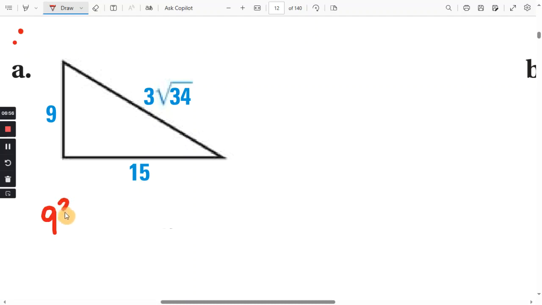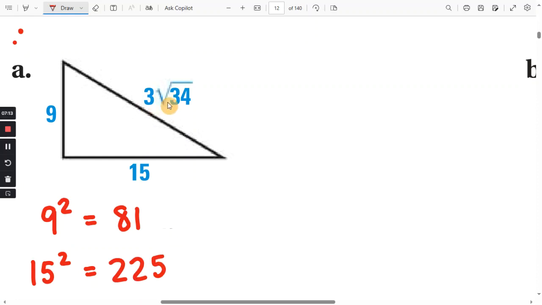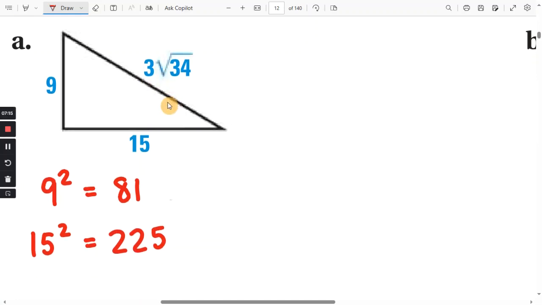Okay, so I'm going to start with 9 squared. And we know 9 times 9 is 81. Then I'm going to do 15 squared. 15 times 15 is 225. And then I'm going to do 3 radical 34 squared.